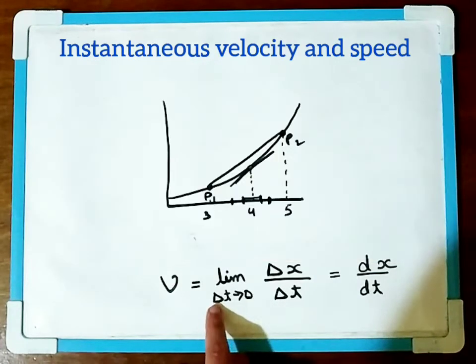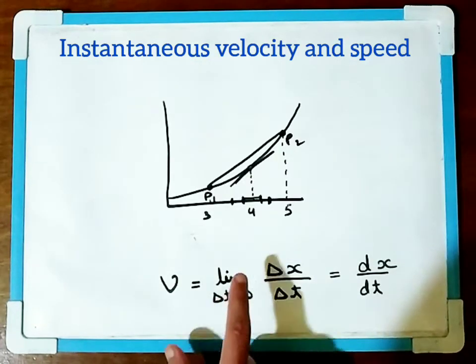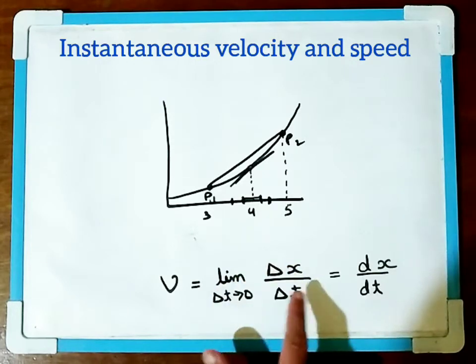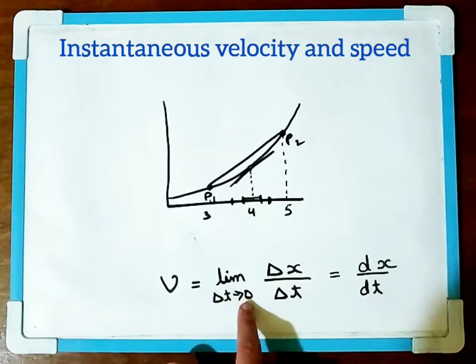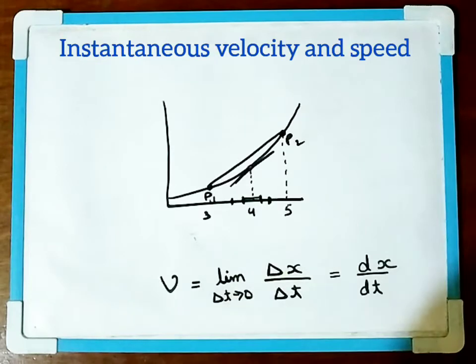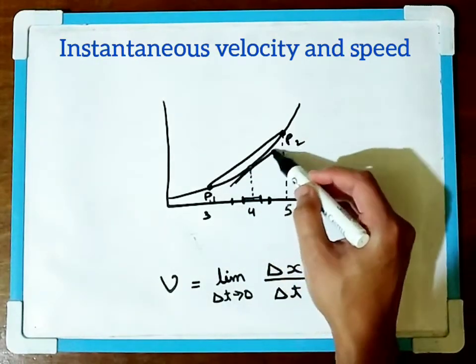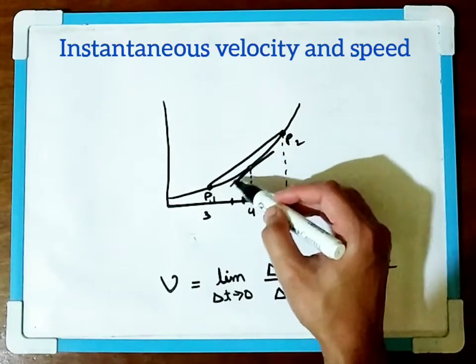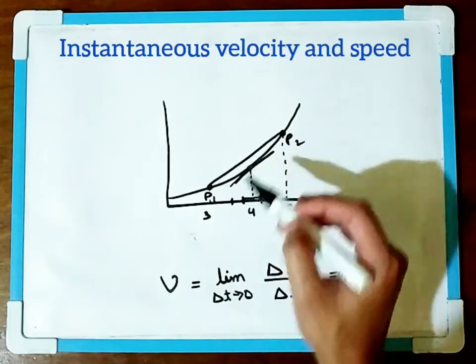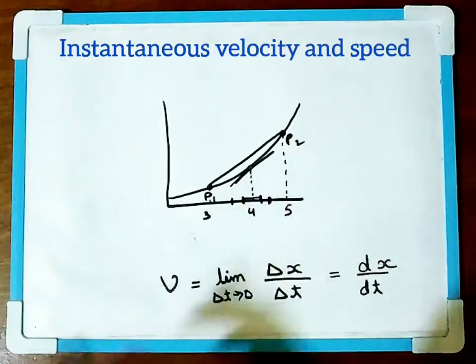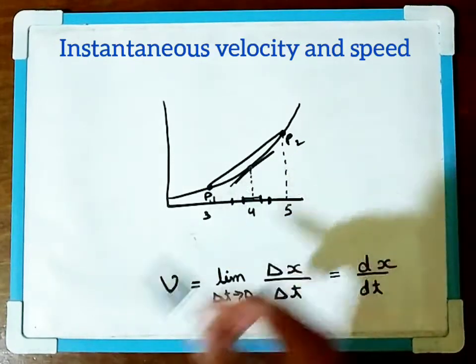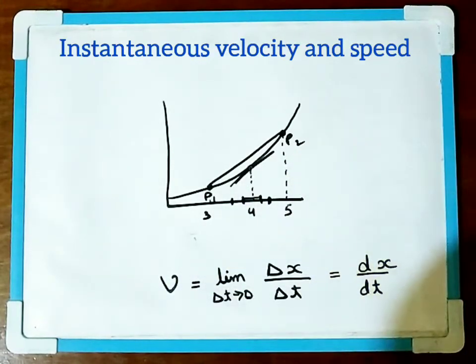Instantaneous velocity is the limit of the average velocity as the time interval tends to 0. And as delta t tends to 0, you will get the slope of the tangent drawn at this point, and that, from the graphical method, is the instantaneous velocity.